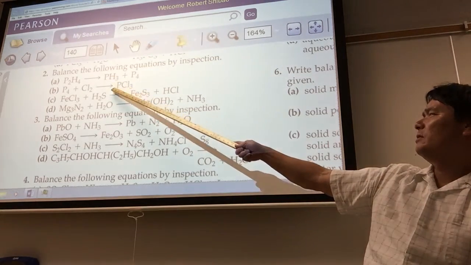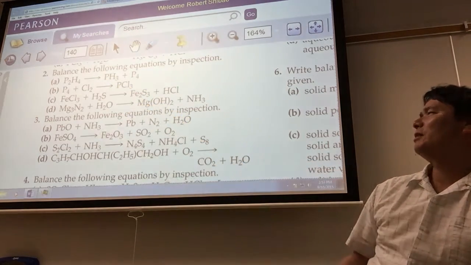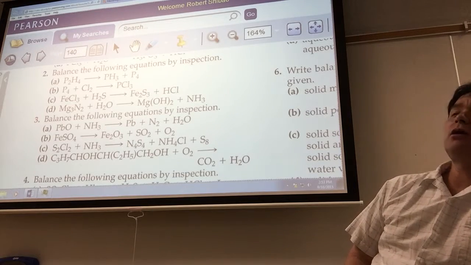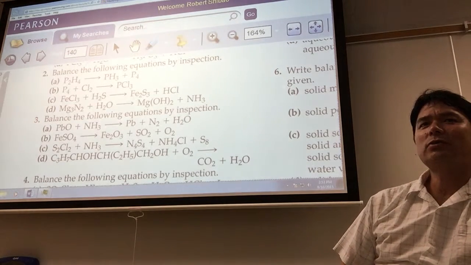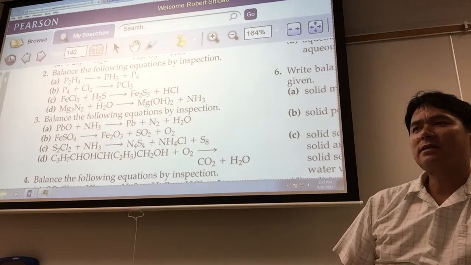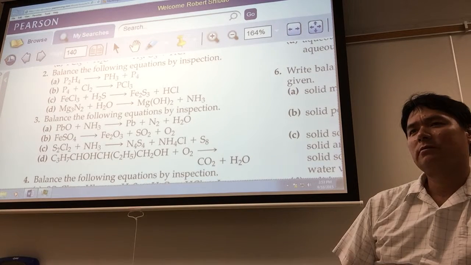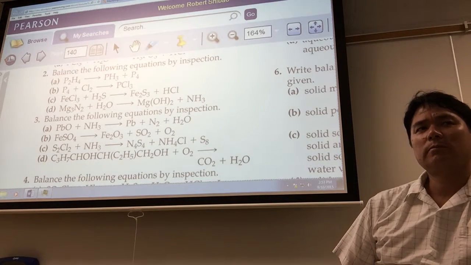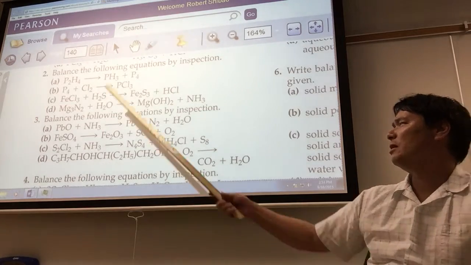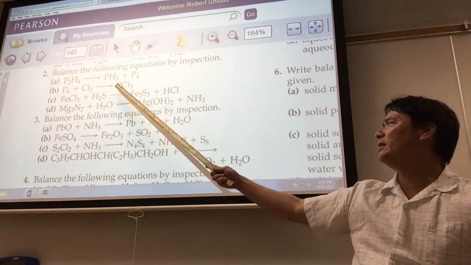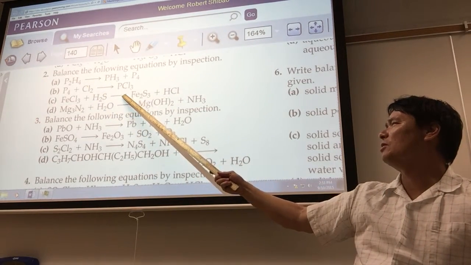But this one, we don't have to call it a combination. We could call it a redox, acid base, or metathesis, double replacement. This is going to be a redox reaction as well. White phosphorus plus chlorine yields phosphorus trichloride.